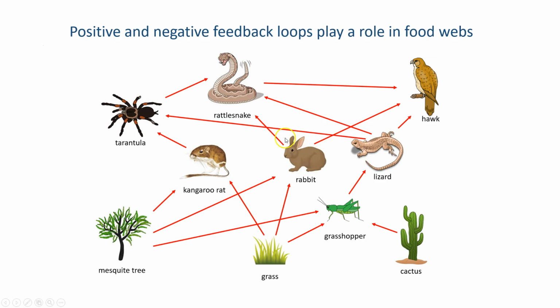And because it causes an explosion in the population of rabbits, it might decrease the amount of grass that's available. And if we decrease the amount of grass that's available, it might have an effect on the kangaroo rat. We just don't know necessarily how it's all going to play out, so we have to be very careful.